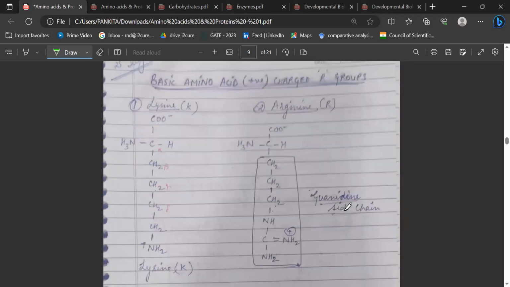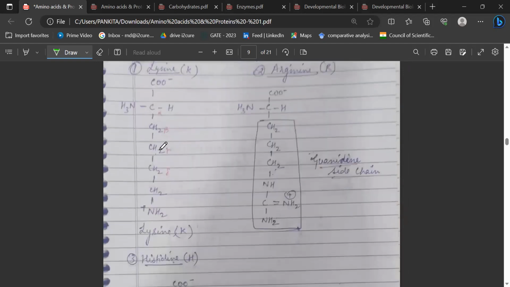Then moving on to the basic amino acids, which have positively charged R groups. Basically, the side chains in these amino acids are positively charged. That's why they are basic amino acids. We have lysine over here, which contains alpha, beta, gamma, delta, epsilon carbons in the side chain along with an NH2 group which is positively charged, and arginine is again similar, and it is called the guanidine side chain.